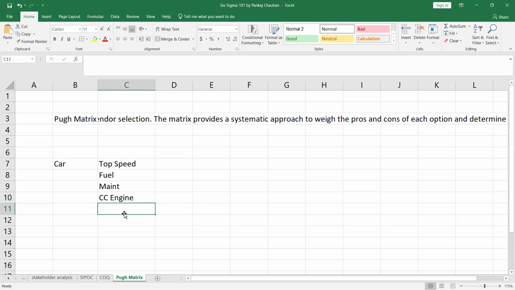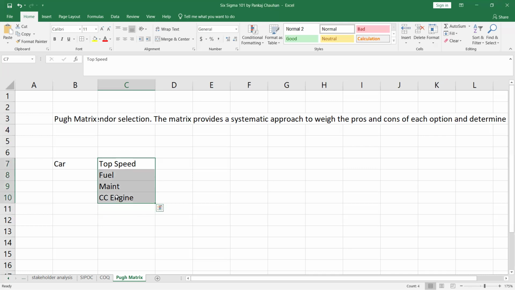So you cannot buy every car for a special requirement. You will pick any one which meets most of your requirements. So systematically, how to find out which car is meeting most of your requirements is what we use the Pugh matrix for. So how does it work?